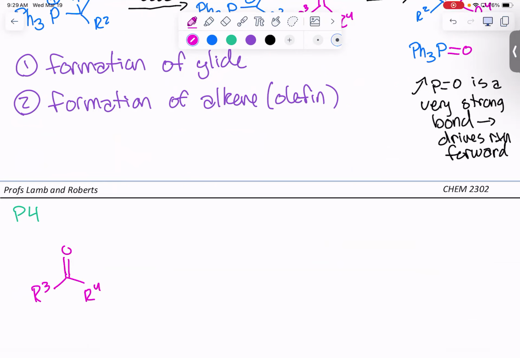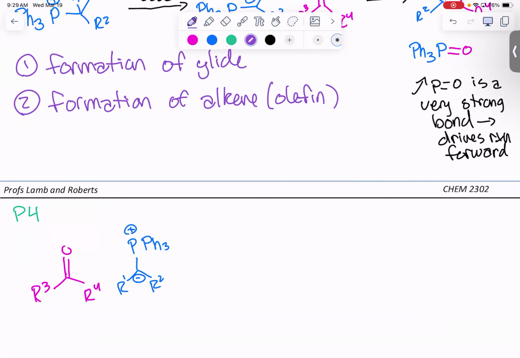So if our R3 or R4 is a hydrogen, it's an aldehyde. If they're both carbons, it's a ketone. Now let's take our phosphonium ylide. I'm going to draw it suggestively so we see that we have a negative charge there. Our triphenyl phosphine is positively charged.